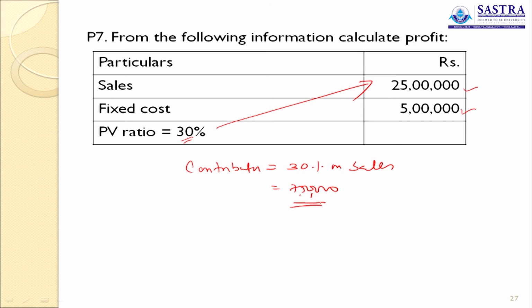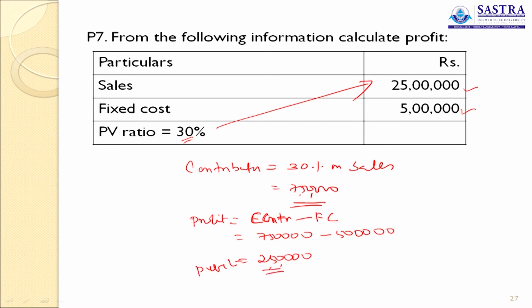So, contribution is 7,50,000. Fixed cost is 5 lakh. So, profit equals contribution minus fixed cost. So, contribution 7,50,000 minus fixed cost 5 lakh. So the answer is 2,50,000. This is profit.